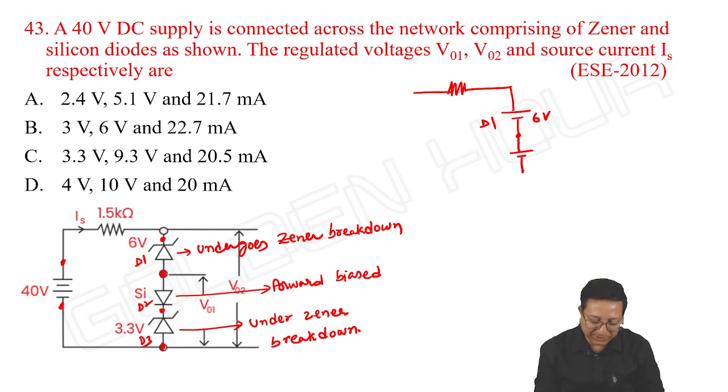Here nothing is mentioned, but we'll see that. 0.6 volts, right, I'm writing. And the third one, let me write 0.7.